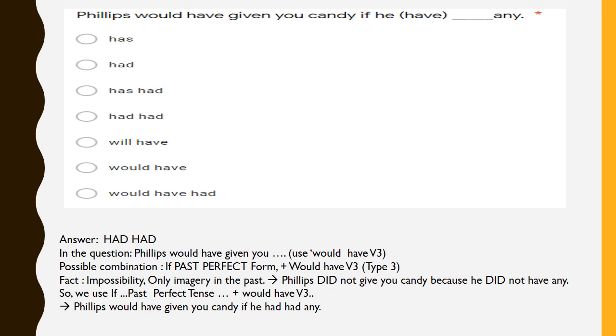It is only imagery in the past, because the real situation is that Phillips did not give you candy because he did not have any. So we use if past perfect tense combined with would have verb 3. Therefore, the right answer is Phillips would have given you candy if he had had any.